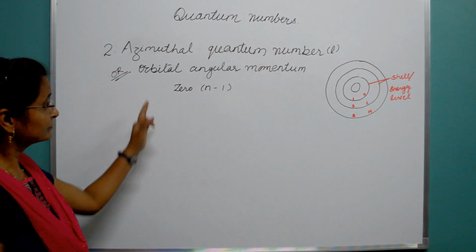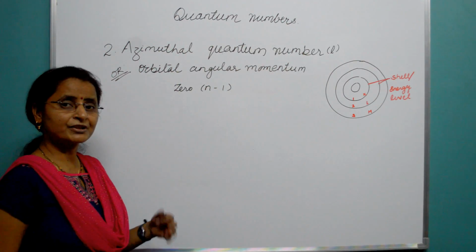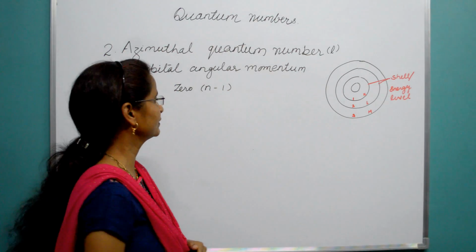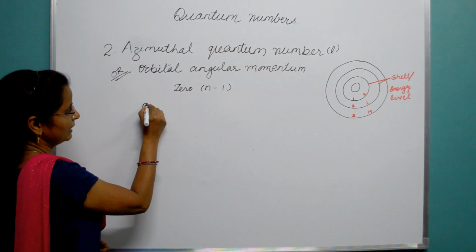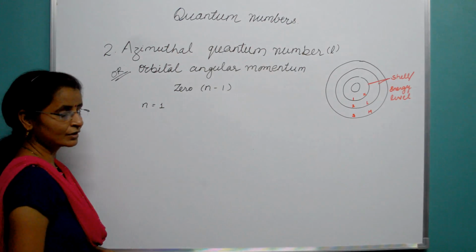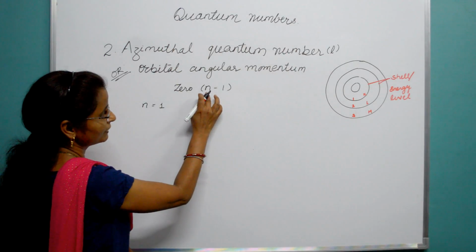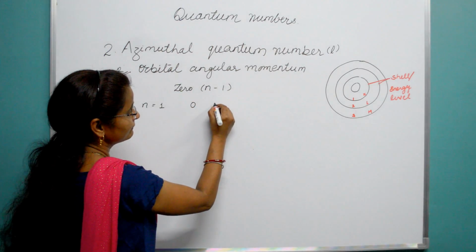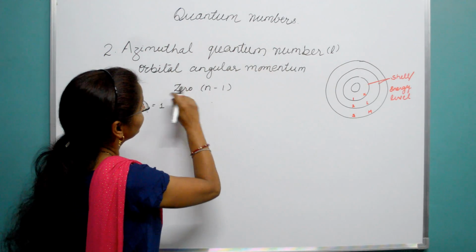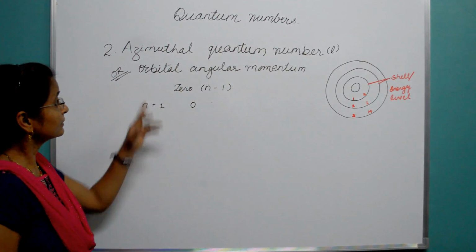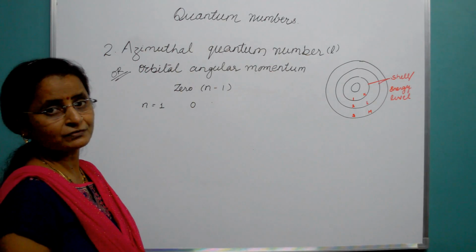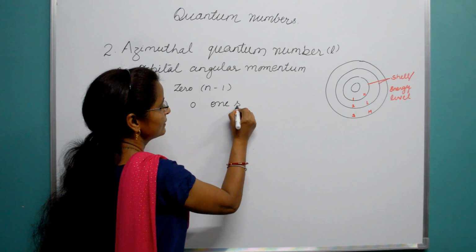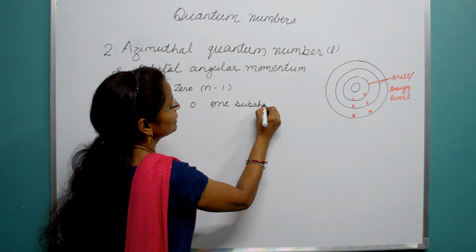Here n is the principal quantum number, as we discussed earlier. If n is equal to 1, its value is 1 minus 1, that is 0. In this case only one subshell is present, because the azimuthal quantum number determines the subshell.